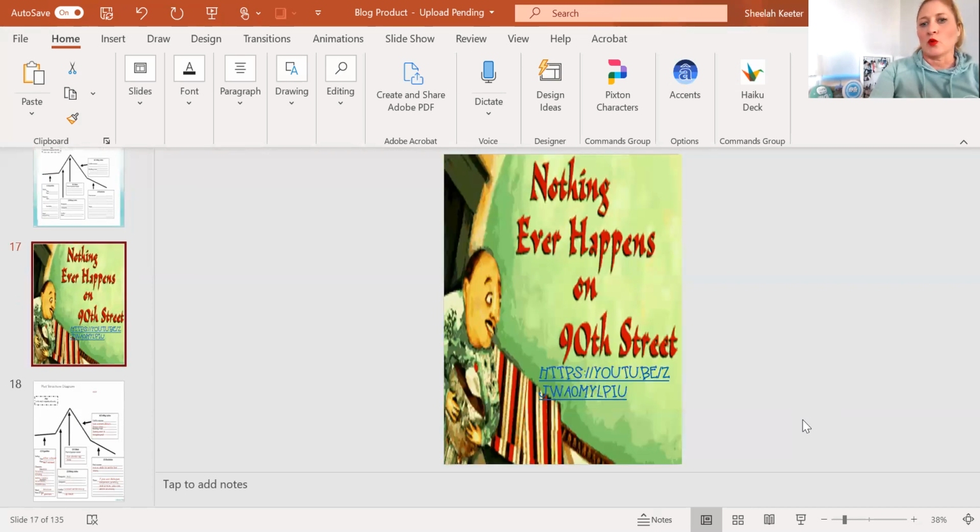And this is a great story to use for the narrative. It's a book called Nothing Ever Happens on 90th Street. There is a link here to the YouTube video for that. And basically, it's a story about a girl who has to write a narrative, and she's sitting on the stoop in her New York apartment, and she's watching everything that's happening on 90th Street.